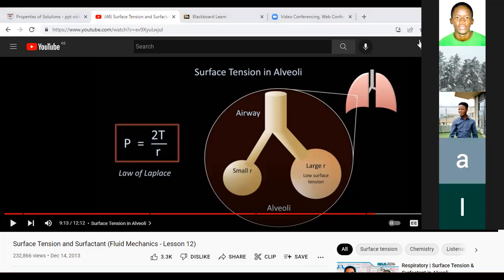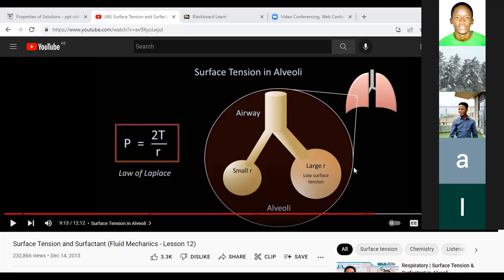Yes. Before I go to the next part, I need you to understand that part. If you're inhaling and you have small alveoli and large alveoli, air will find it easier to go to the larger ones, as you saw in the demonstration of the two balloons. Even the air from the smaller ones will try to go to the larger one.